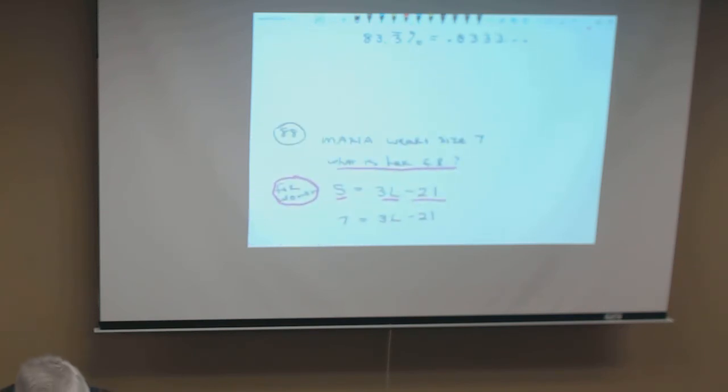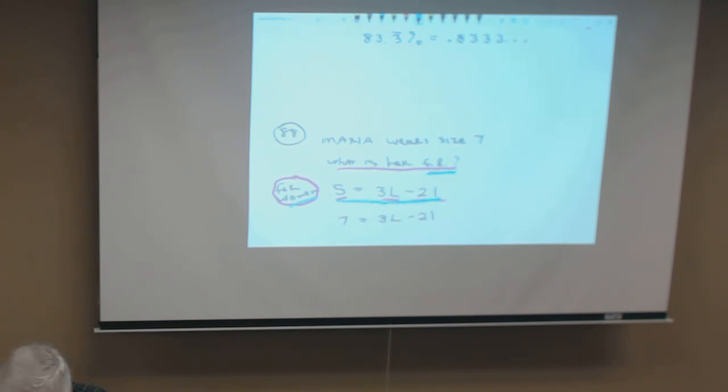Number 88. Maria wears a size 7 shoe. What's her foot length? Let's go to blue. How would I know? Oh, for women, what's the formula for women? S equals 3L minus 21.